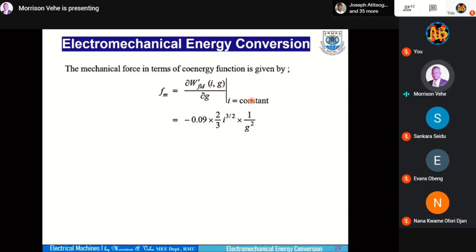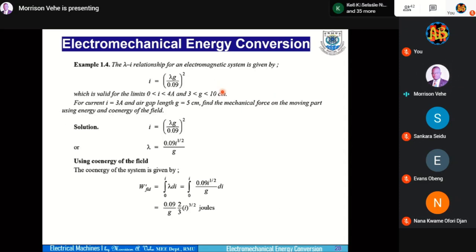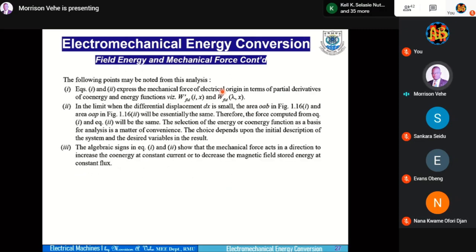We are maintaining constant currents, which means flux will have to be dealt with. Would there be increase in flux or decrease in flux? This is one such example which maybe we can talk about the next time we meet.